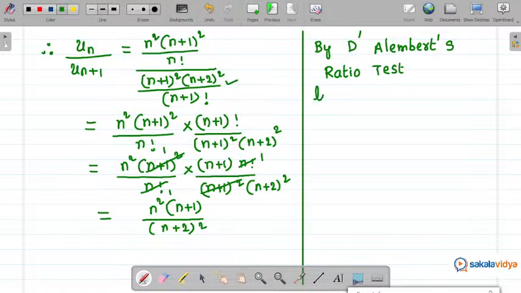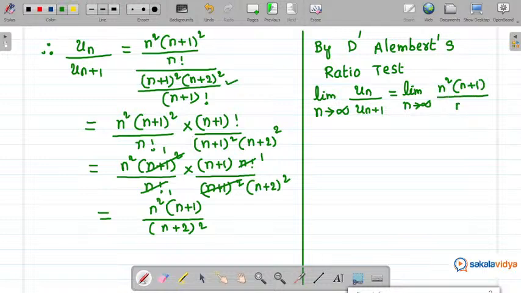So limit n tends to infinity un divided by un plus 1, that is limit n tends to infinity n square n plus 1 divided by n plus 2 whole square. From the numerator, from the term n plus 1, let us take n common.